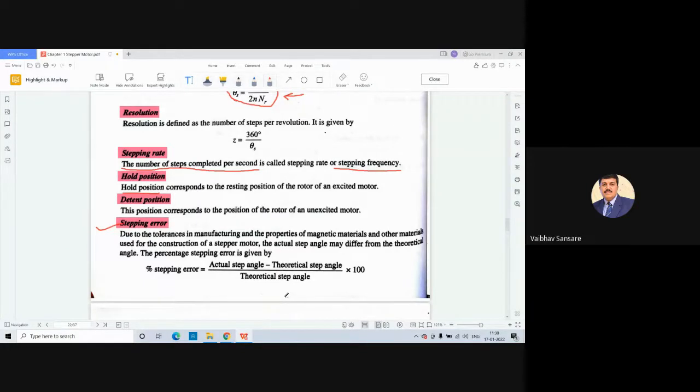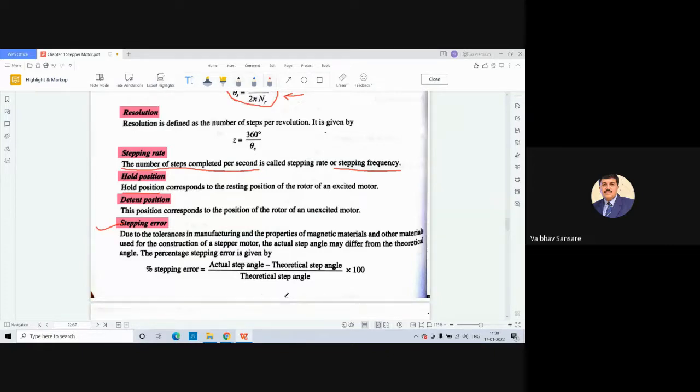In measurement we have seen that terminology, limiting error and percentage limiting error. Similarly we can calculate a stepping error. Stepping error is simply the difference between actual step angle minus theoretical step angle.